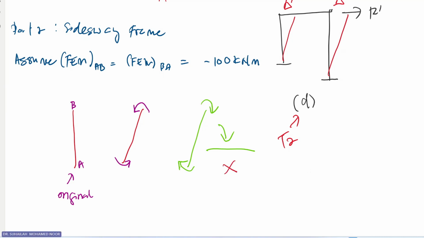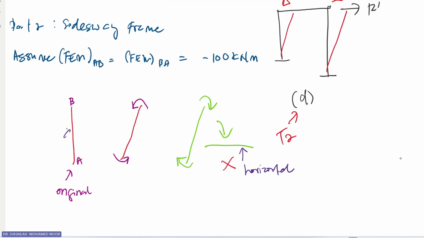Because the moment we apply is a reaction to push the column back to its original position, and its original position is vertical. So if we apply moment clockwise, we push the column to be horizontal. Horizontal is not a column. A column is vertical.